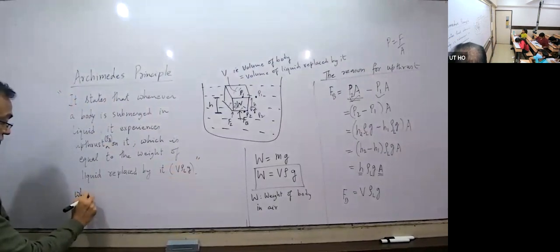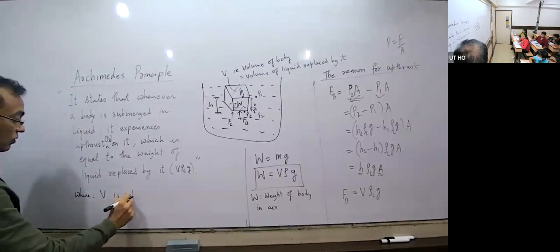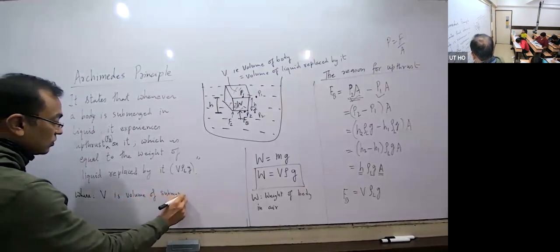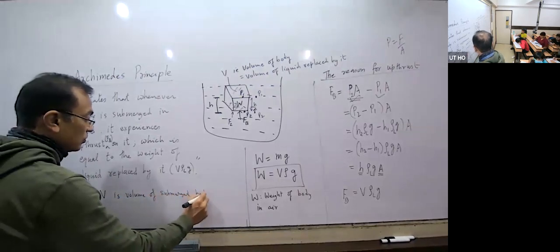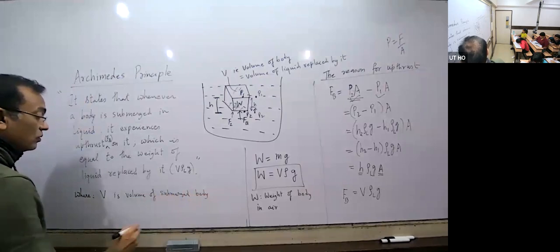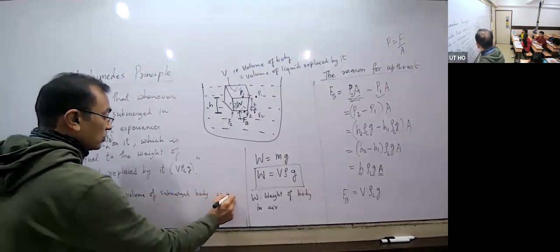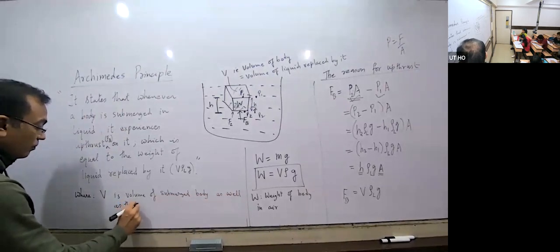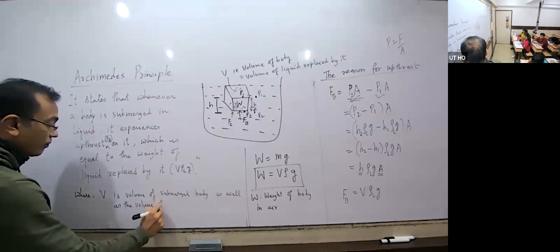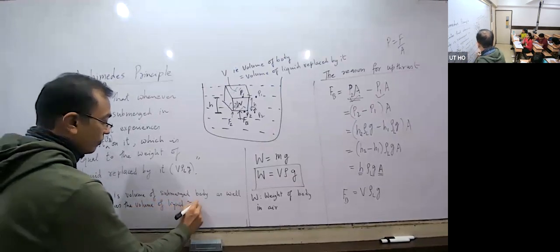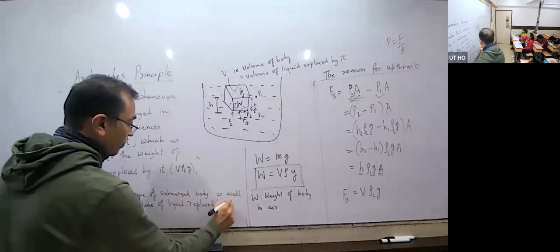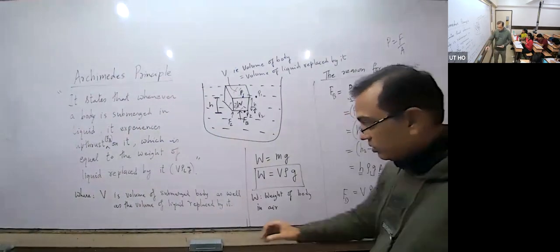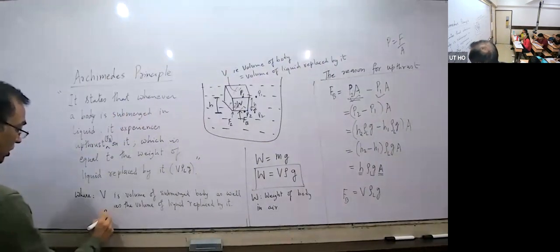V is the volume of body, liquid replaced by it, and rho L is density of liquid.